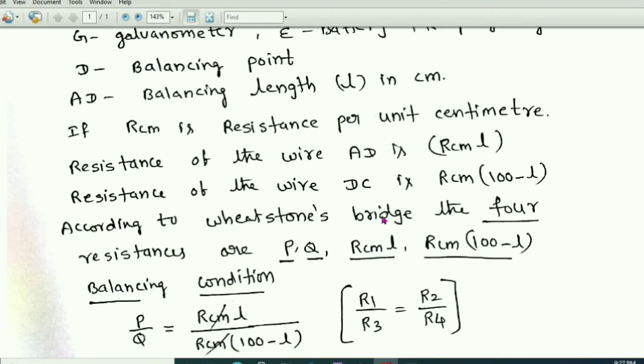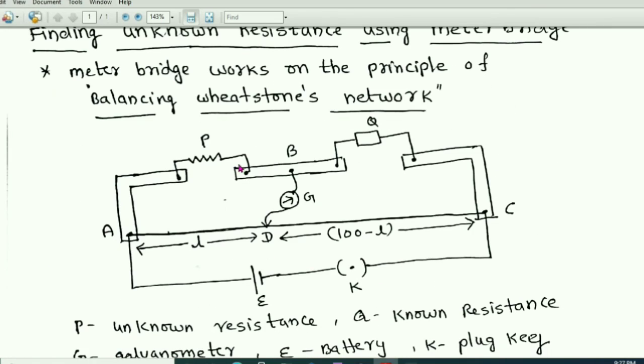According to the Wheatstone's bridge, the 4 resistances are P, Q, RCM into L, and RCM into 100 minus L. P is one resistance, Q is another, this portion is L into RCM, and this portion is 100 minus L into RCM. Totally 4 resistors are connected in cyclic order. So this is the Wheatstone's network.